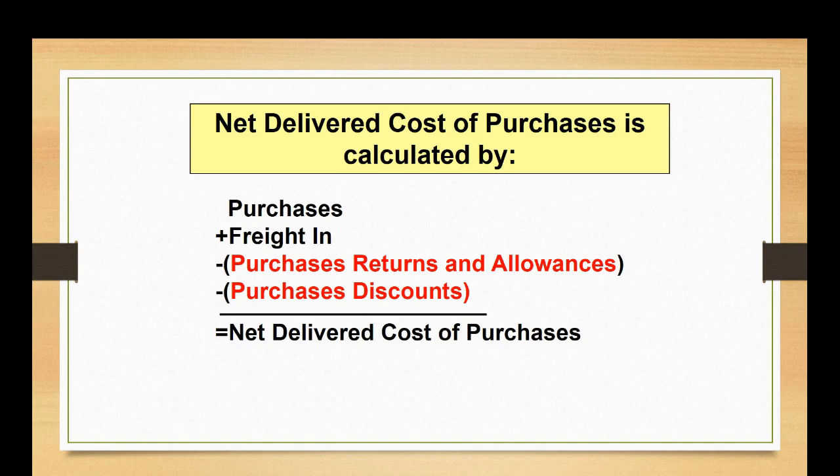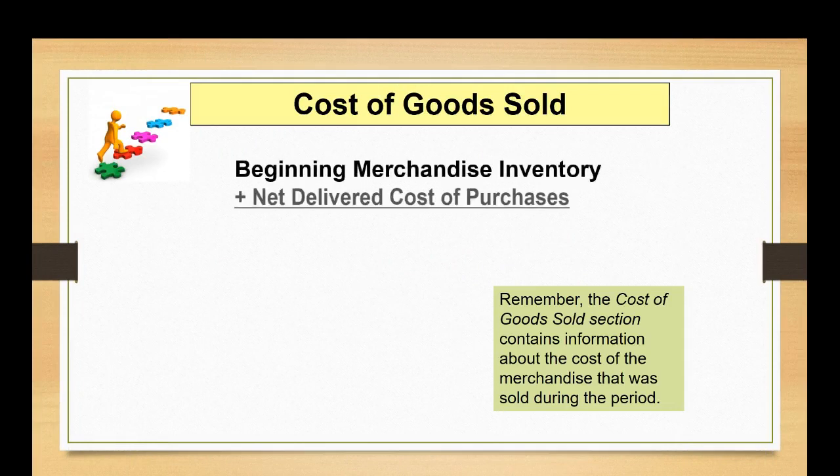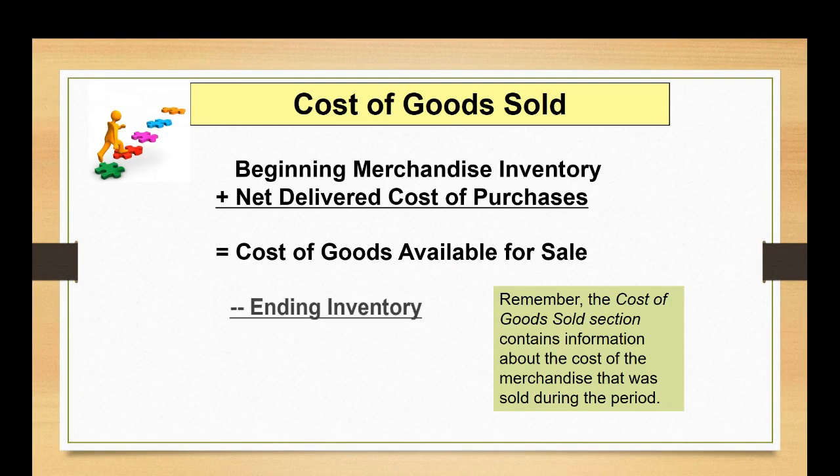Those four items will give you the net delivered cost of purchases. And so once again, here's an overview of cost of goods sold. That'll probably be the most challenging section of your income statement. And so once again, that's why this slide is provided for you to help you in that endeavor.